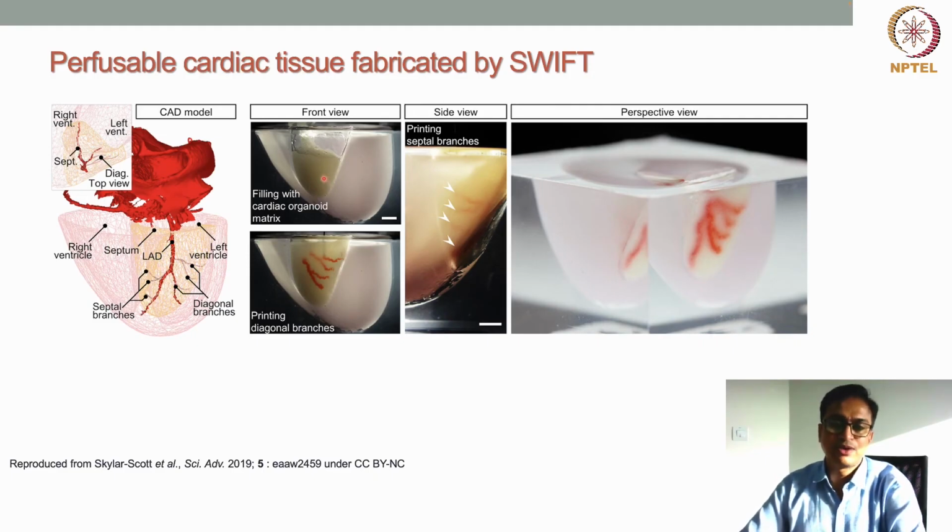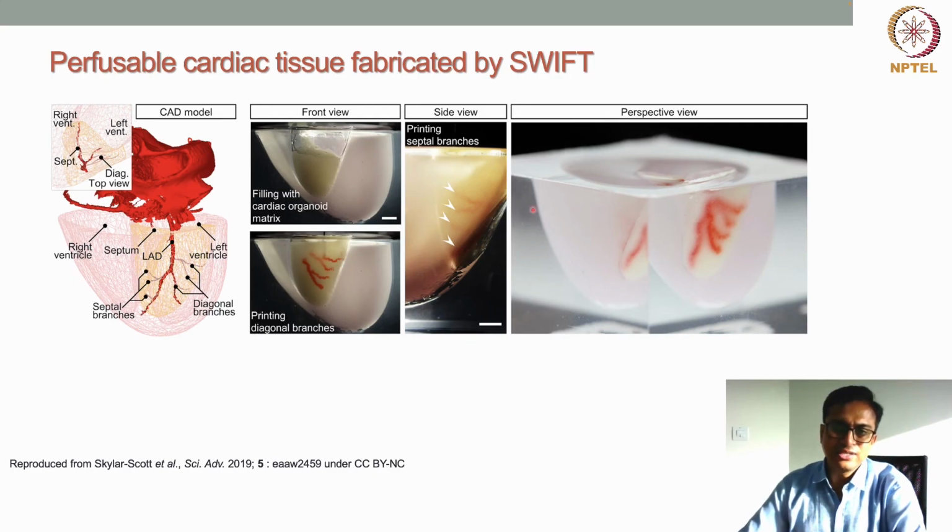Now, in a similar way, as I have already discussed in the earlier section, the cardiac organoids were prepared from the same iPS cells. The cardiac organoids were prepared and mixed with materials, and that was put here. And then they used a gelatin bioink, and the syringe nozzle was immersed here, and the channels were created within this cardiac organoid matrix.